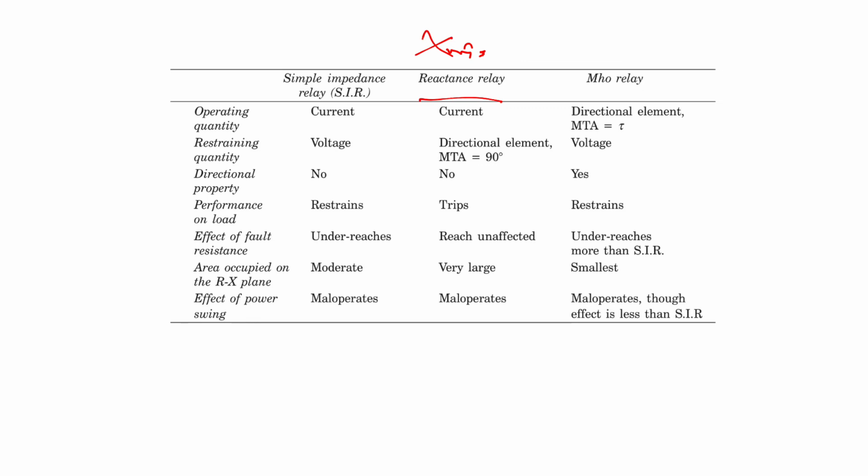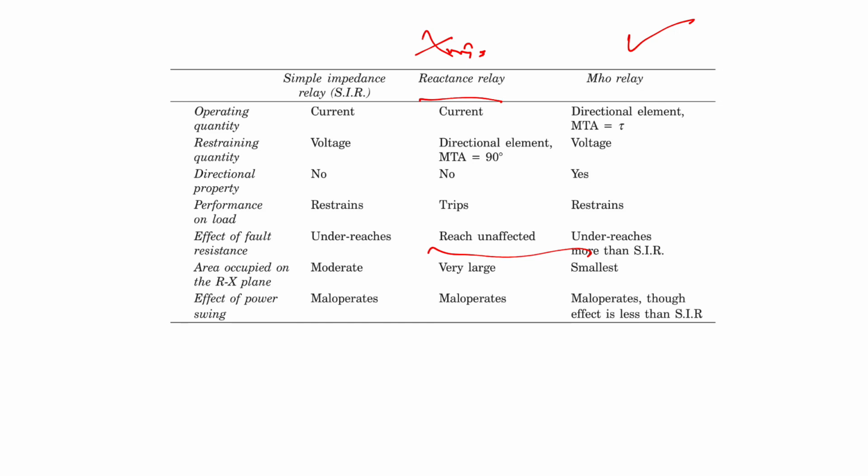It is to be used in conjunction with the directional or the Moore element. The Moore relay is much better on most of the counts. One remarkable property of the reactance relay is its immunity to the fault resistance that we have discussed. So that is a very important property of the reactance relay.